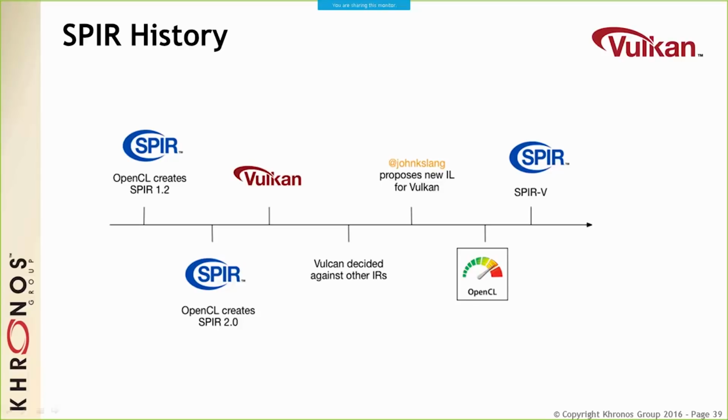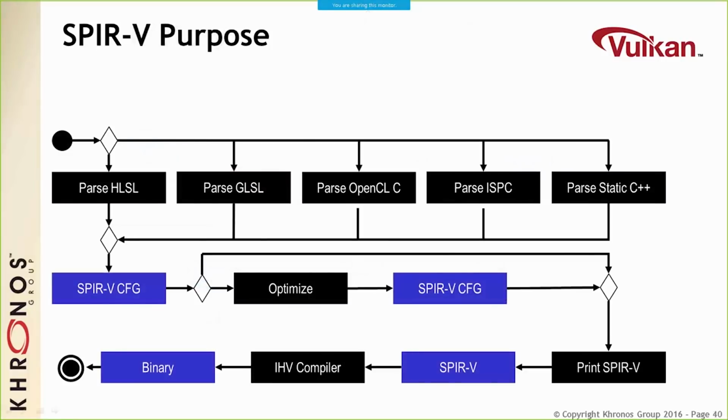So as you add new functionality, and subgroups are a perfect example of this. Subgroups now, we can do a lot more complex operations between these parallel threads. You need to be able to express that in the shading language.